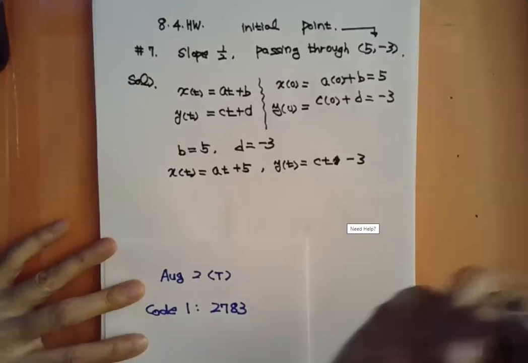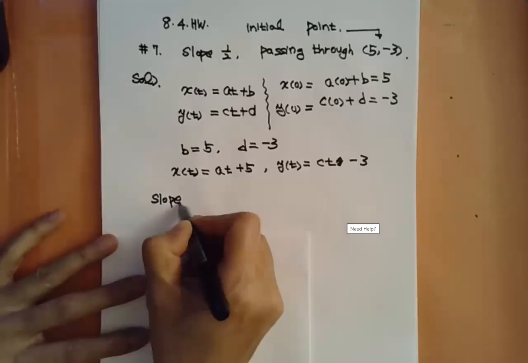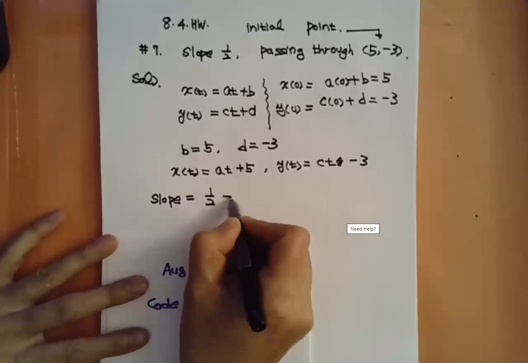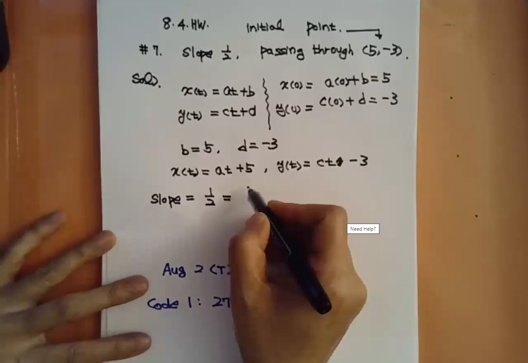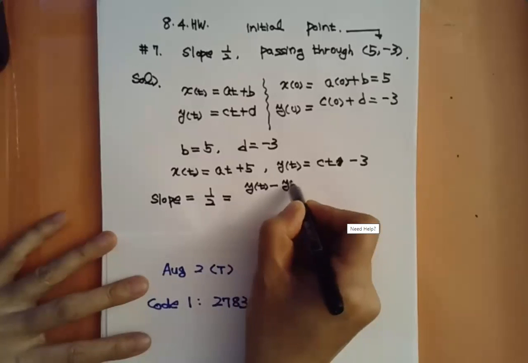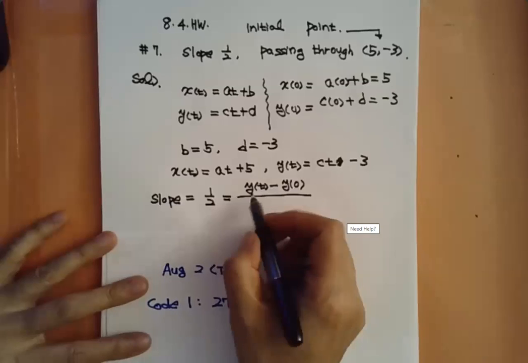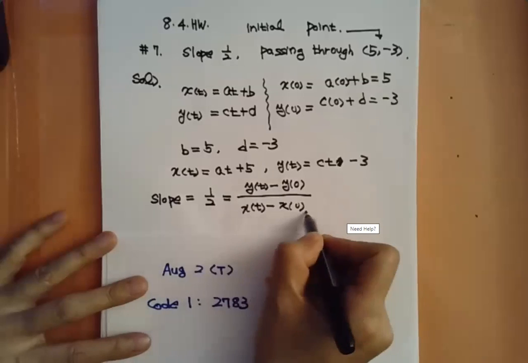What we know is a slope is 1 over 2. We regard that as y change over x change, like y of t minus y of 0 over x of t minus x of 0.